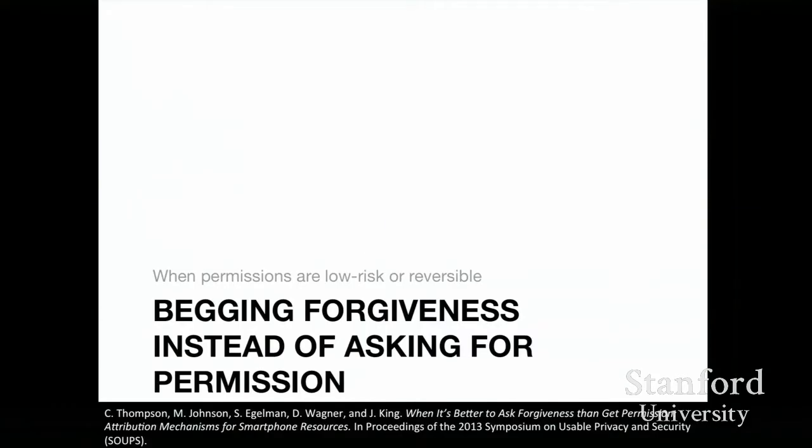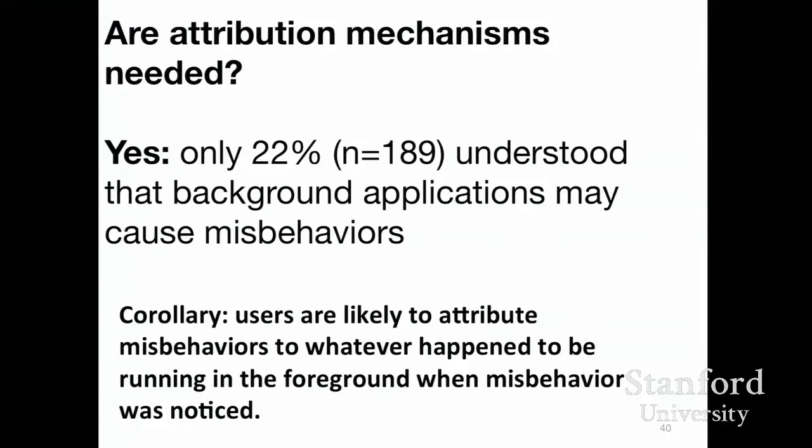We're referring to this as begging forgiveness instead of asking for permission, because we're telling people after the fact what app was responsible for a particular change. So the question is, are these really necessary? Well, it turns out they are, because when we did an online survey and asked people how they'd go about pinpointing the cause of a misbehavior on their device, only 22% of our participants understood that applications running in the background could be just as responsible for a device misbehavior as applications running in the foreground.